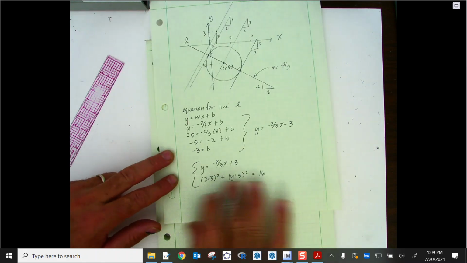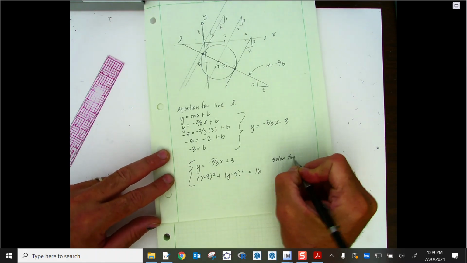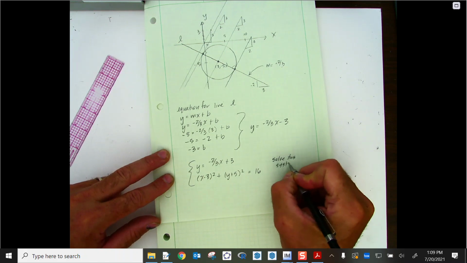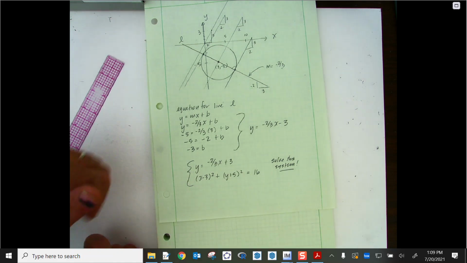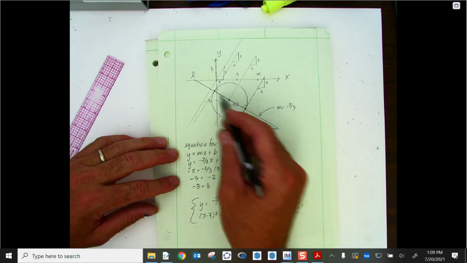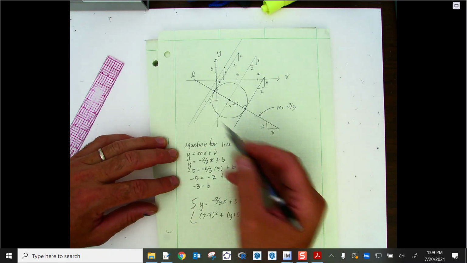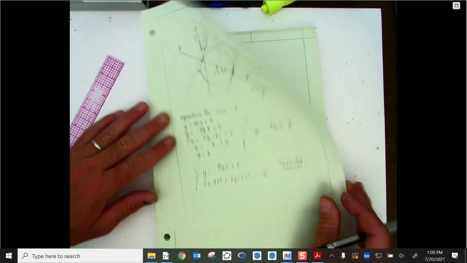So we're going to solve this system. Solving a system is finding ordered pairs that satisfy both of these equations. By the drawing, what we're looking for are these 2 points. Those are ordered pairs that are on the line and on the circle simultaneously. So let's talk about how we do that.